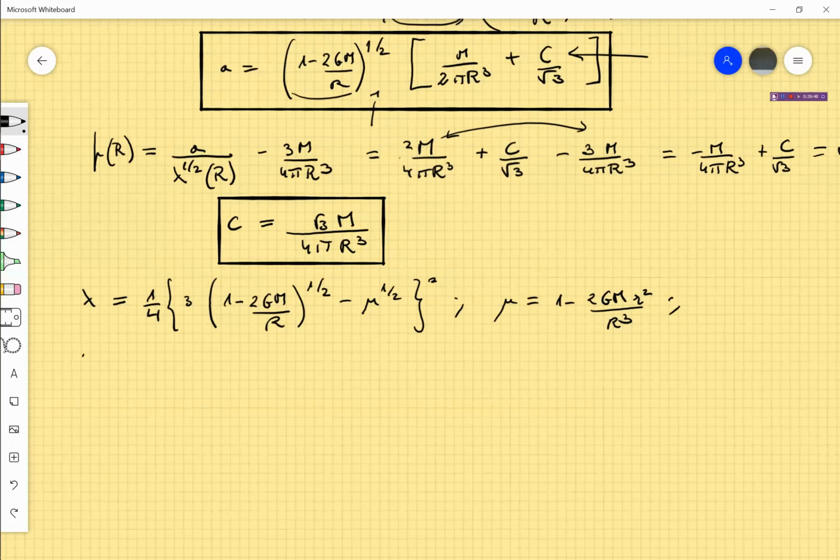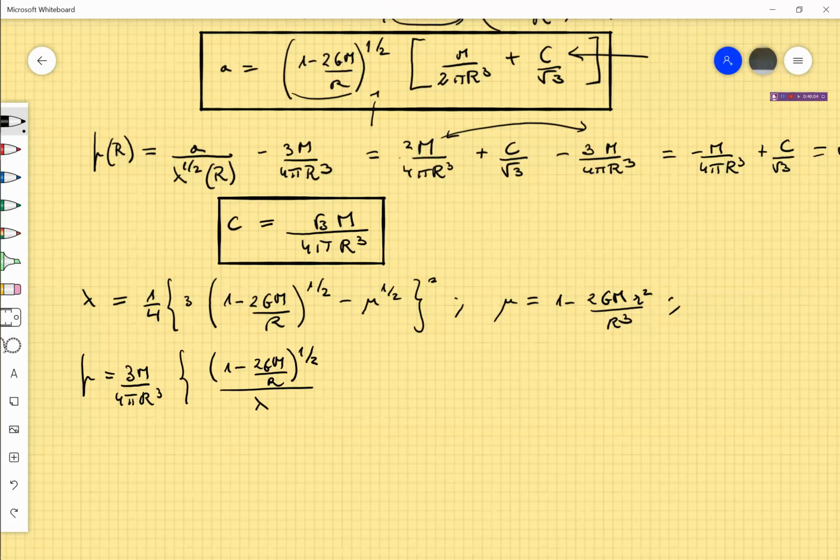Finally, P is given by 3M divided by 4 pi R cubed, and this factor that always appears everywhere, divided by lambda 1/2 minus 1.